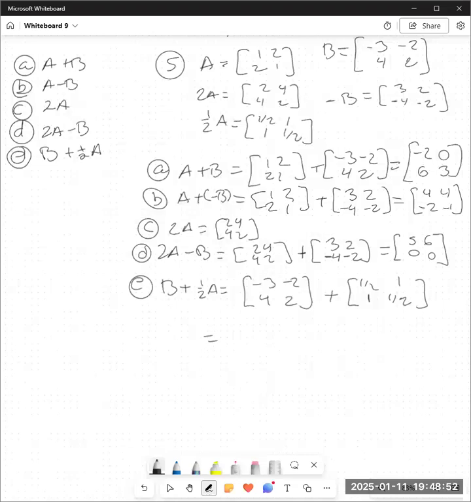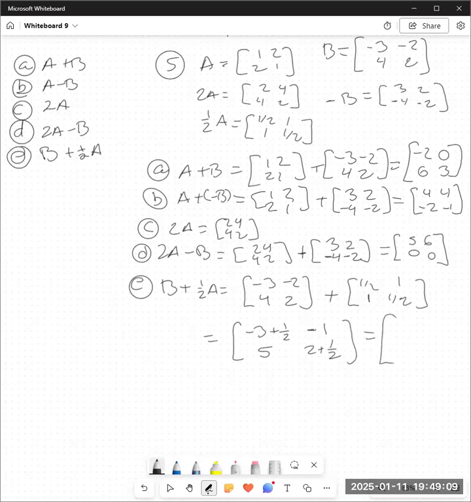So this is negative 3 plus 1/2, negative 2 and 1/2; negative 2 plus 1 is minus 1; 4 plus 1 is 5; 2 plus 1/2 is 2 and 1/2.